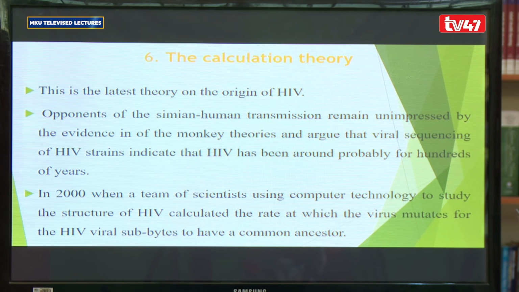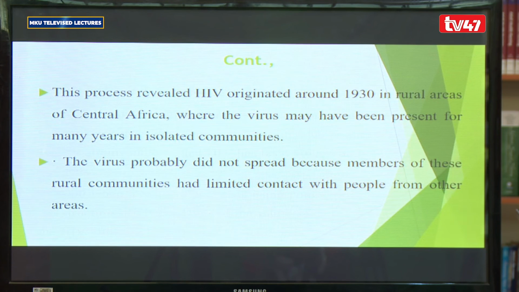So yes, continuing, they say this process revealed HIV originated around the 1930s in a rural area of Central Africa, where viruses may have been present for many years in isolated communities. The virus probably did not spread because members of these rural communities had limited contact with people from other areas.